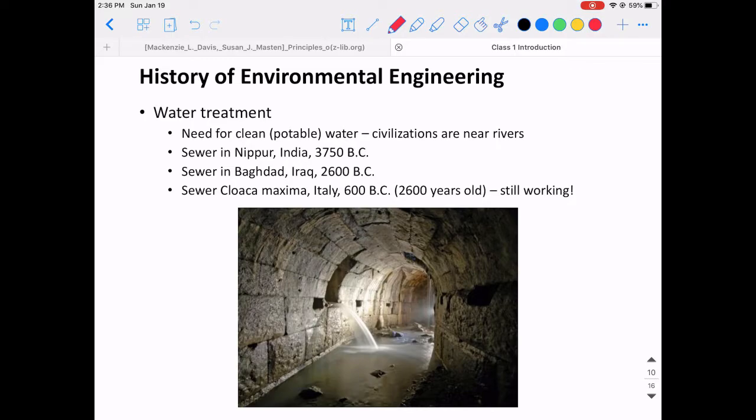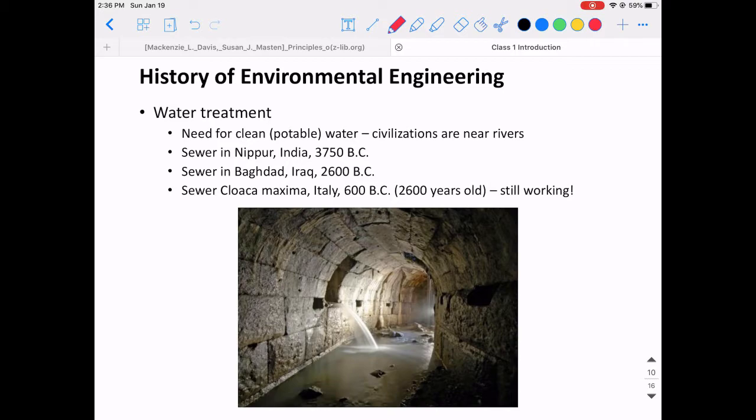First, there are a few examples of water treatment systems. Drinking water, clean water, is very important. And you can see that all of the great civilizations originated from areas near rivers, right?